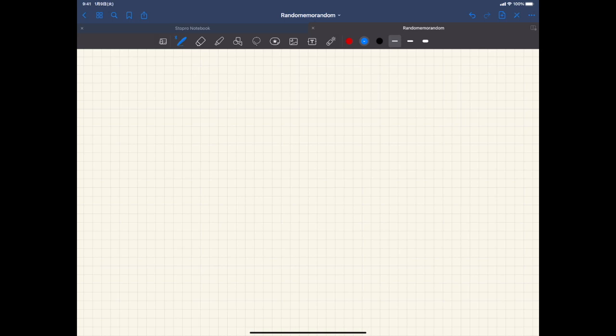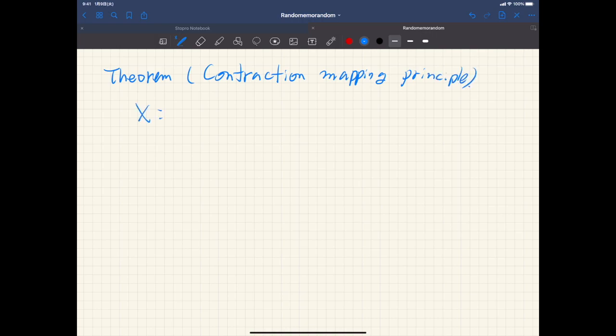With all these preparations, we can now prove the contraction mapping principle. So the contraction mapping principle: let X be a Banach space, and S is a subset of X which is not empty.